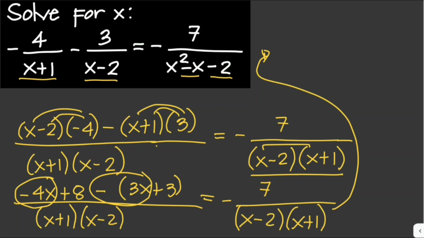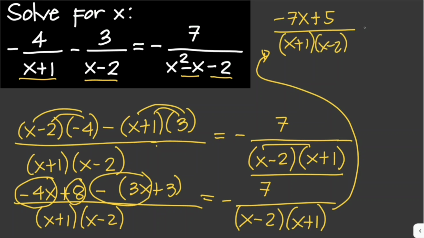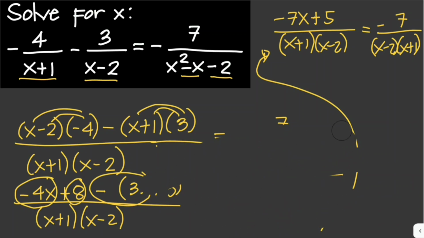So negative 4x plus negative 3x is negative 7x. Then 8 plus negative 3, so 8 minus 3 is 5. So this is plus 5 over x plus 1 times x minus 2 equals negative 7 over x minus 2 times x plus 1. Okay, so let's delete this.